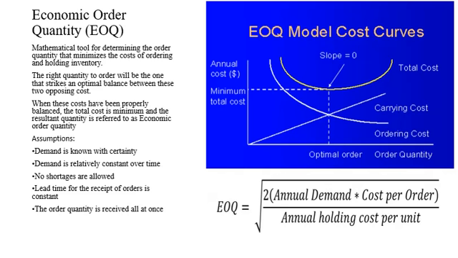The right quantity to order will be the one that strikes the optimal balance between these two opposing costs, that is the ordering cost and the holding cost.